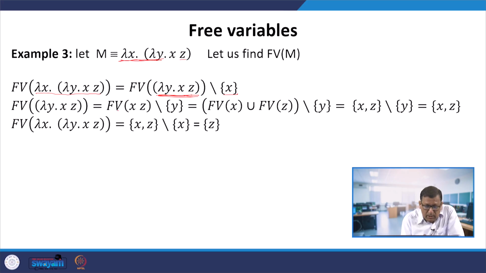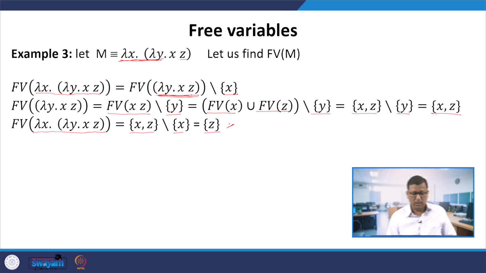This will be free variable of xz set difference y, that is free variable of x union free variable of z set difference y, that is xz set difference y, which gives us xz. Then we substitute here. We get xz set difference x, which is z. This is what was expected, and we have got this result by using the definition of free variables.